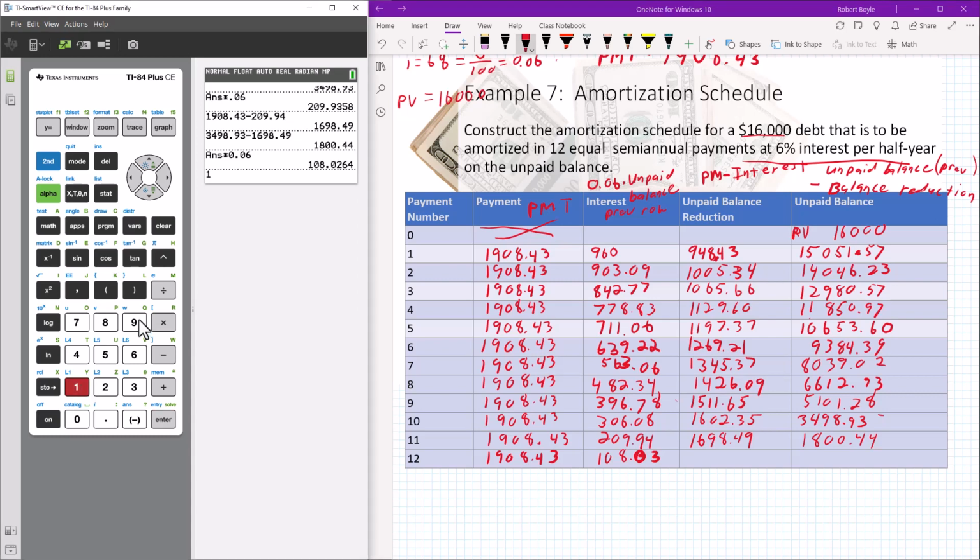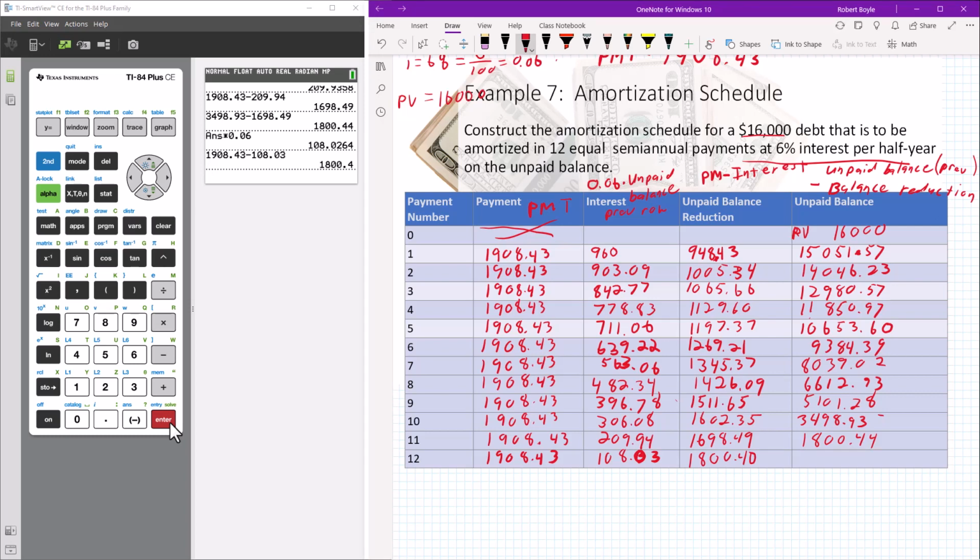So that will be 1908.43 minus 108.03, and that gives us $1,800.40. And then when we do the subtraction, I don't think we need to use the calculator for that.